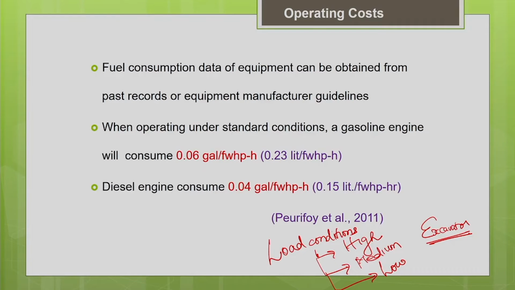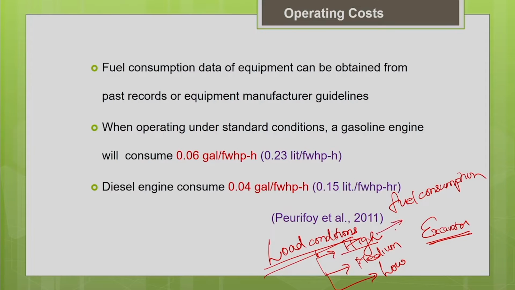In the Caterpillar handbook, for every model of machine they have manufactured, you can see the fuel consumption estimation for different load conditions. For a particular excavator model number, you can see what the fuel consumption is for high load conditions. You can get the value directly, there are tables. For medium load condition, you can get the fuel consumption value directly. Similarly for the low load condition, and the definitions of these load conditions are also given accordingly.